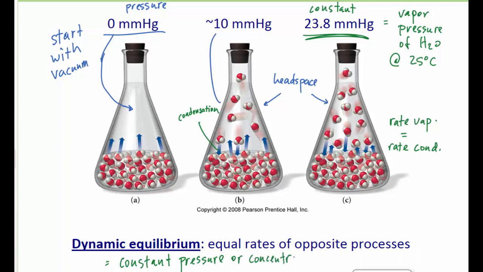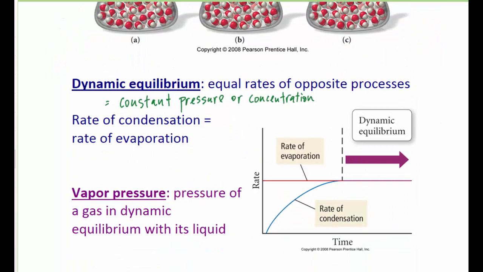Concentration if it's a solution. So this little diagram right here, rate of evaporation will be constant for a particular temperature. So that's only dependent on the substance and how well the molecules can fly away.